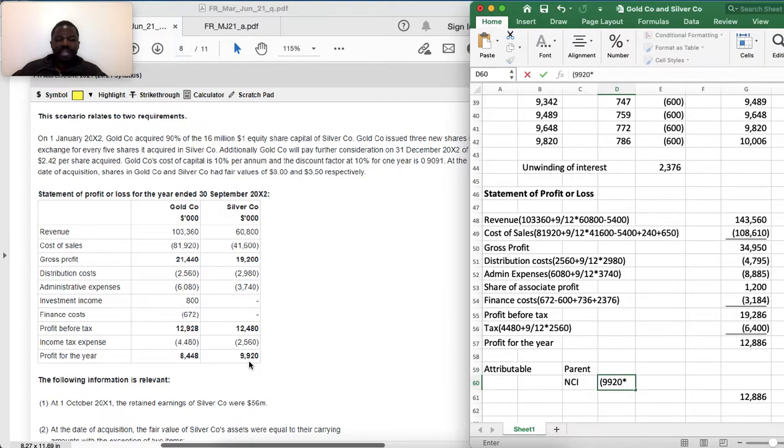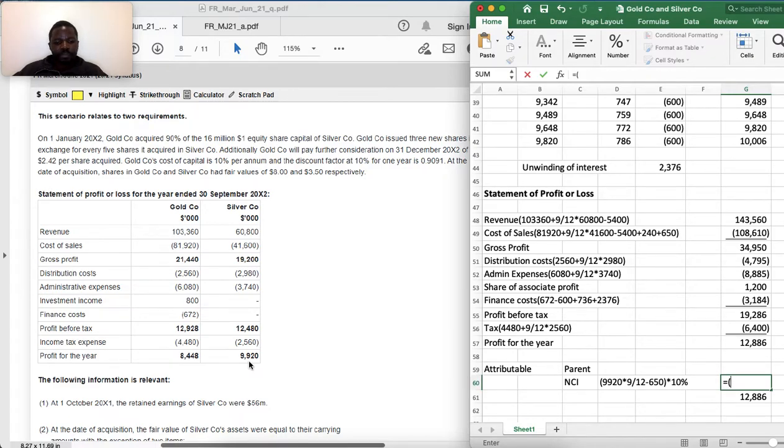We multiply by 9 divided by 12. Then from this one we subtract the excess depreciation on the fair value of the plant. Then we multiply everything by 10%. The percentage of the NCI.